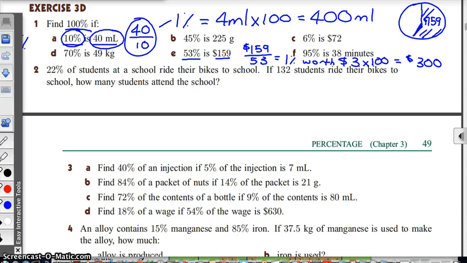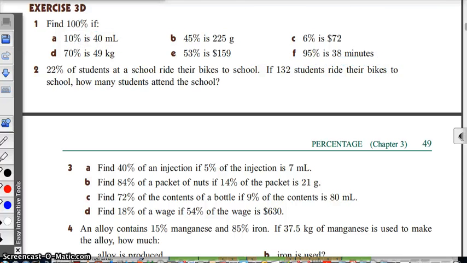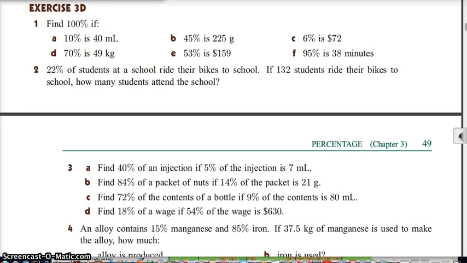Let's go to a worded question, which sometimes can be the issue for us. Find 40% of an injection if 5% is 7 mils. So when you get these type of questions, you just need to identify the common things.